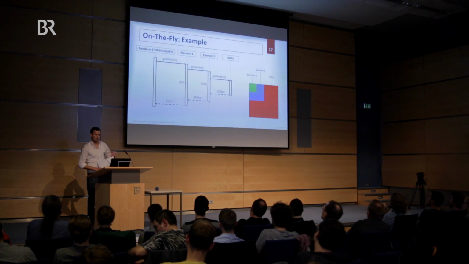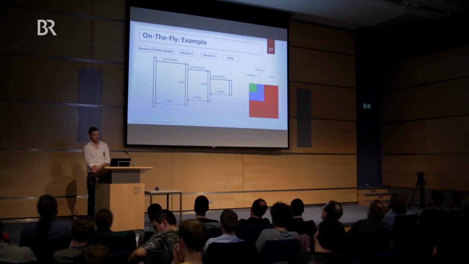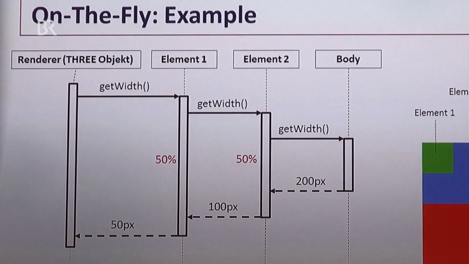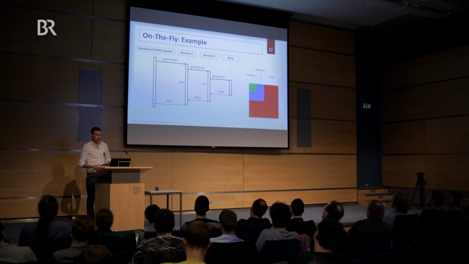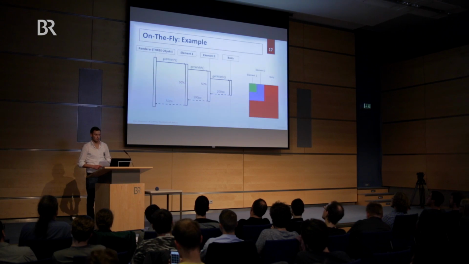And its parent element is the blue one, element 2. So it's asking element 2, get width. Element 2 just knows 50%. Ask the body, and the body has a fixed width. Maybe it depends on the window size, or it's a fixed width. And so it returns 200 pixels, get broken down 50%, 100 pixels, and so on.